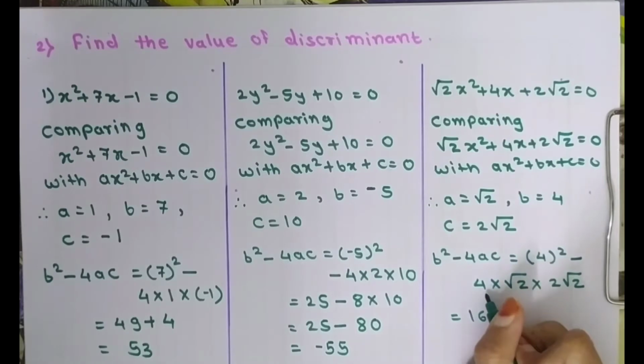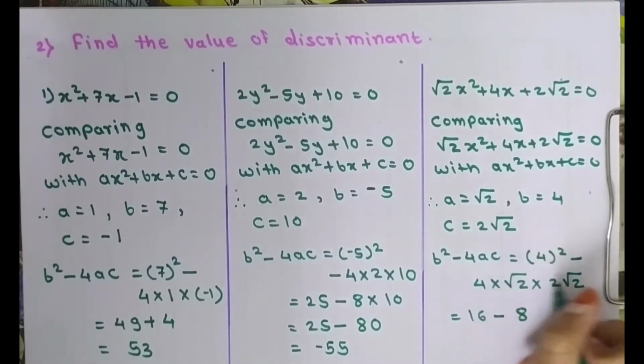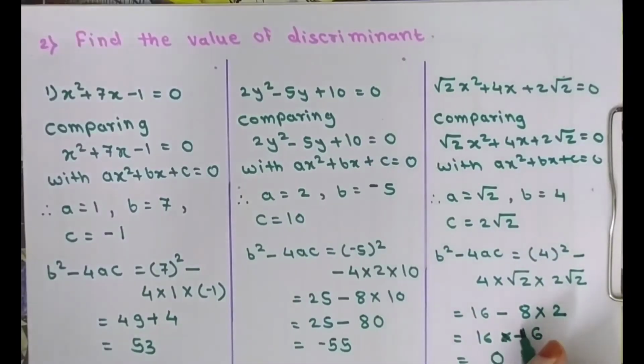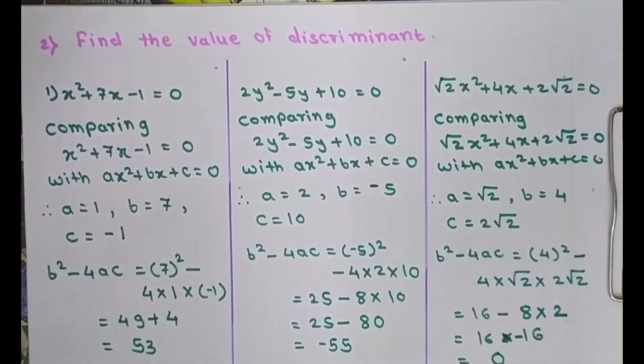So here 4 times 2 is 8 and root 2 gets cancelled, so 2 remains only. So write 16 minus 8 times 2 is 16. Therefore 16 minus 16 is equal to 0. Therefore the value of b square minus 4ac is 0.